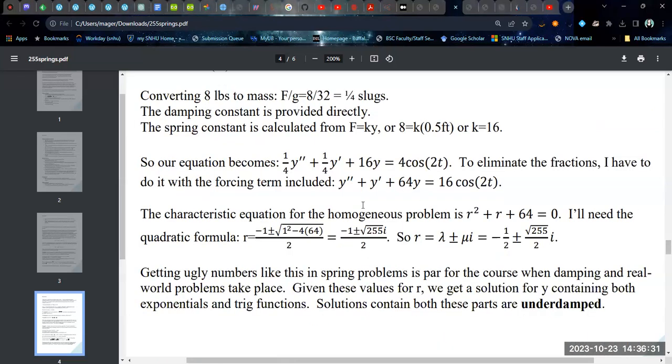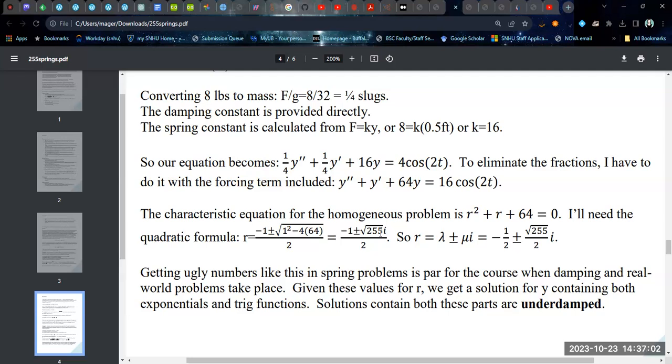All right, so first things first, we're going to solve for the characteristic equation, which would be r squared plus r plus 64 equals 0. And this doesn't factor in any obvious way because 64 does not have factors that add to 1. And so we're going to use the quadratic formula. And when we plug that into the equation, we end up with 1 minus 256, which is obviously negative.